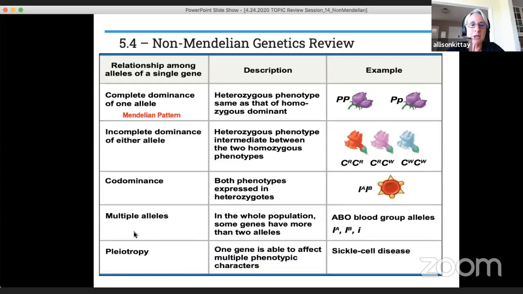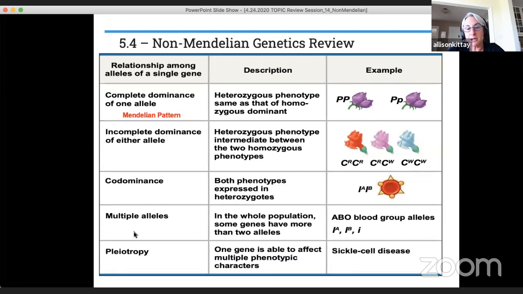They just look blue. Codominance, where you see both phenotypes expressed equally. Blood type AB is our example. Multiple alleles, where we also use blood types as our example, and those alleles are A, B, and lowercase i, the 2 dominants and the recessive.